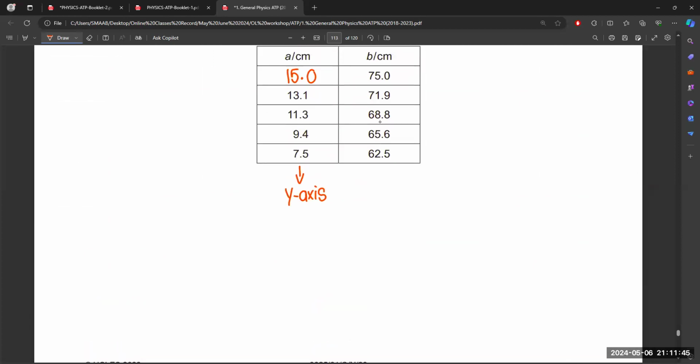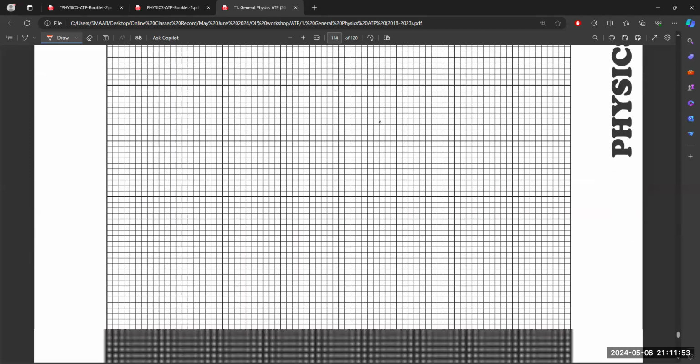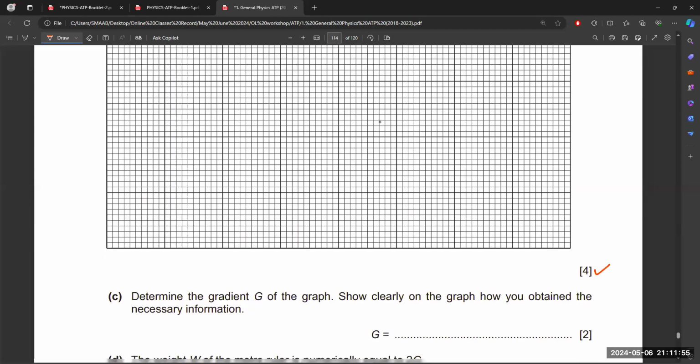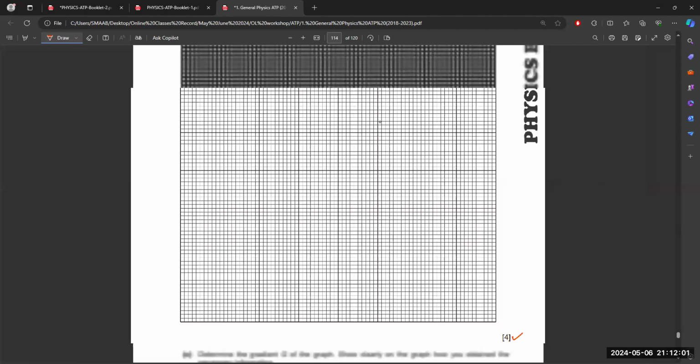So it will be easy for you to plot 7.5, 13.1, 11.3 also in the graphical representation. So on the y-axis, there are a total of 8 large boxes given.